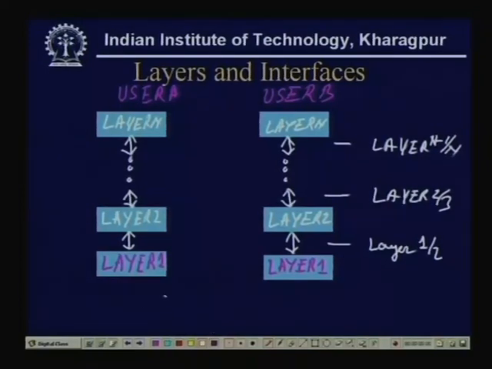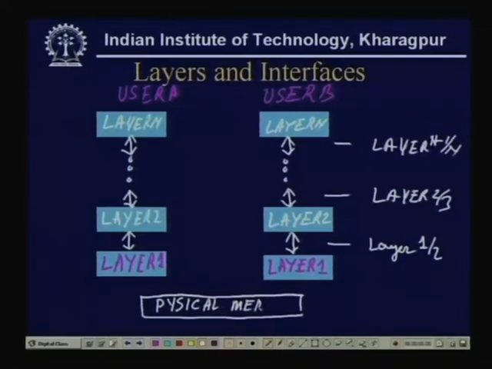And as we shall see, the communication takes place through a physical medium. Here is your physical medium, through which ultimately communication will take place, and layer 1 will interface with the physical medium, and communication will take place in this manner.